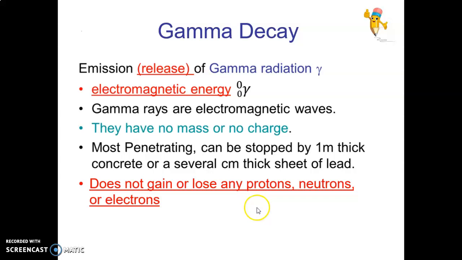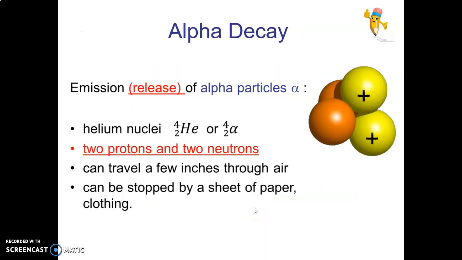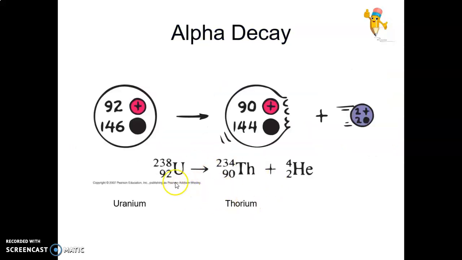Okay, so the last thing that I want to point out about alpha, beta, and gamma radiation. If you look at our example here, uranium, thorium, and helium, one thing that I want you to note is that when you add these together, so here's a plus sign. If you add the numbers together, it should equal the original element that you started with.